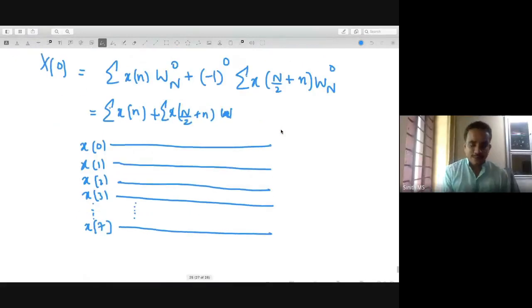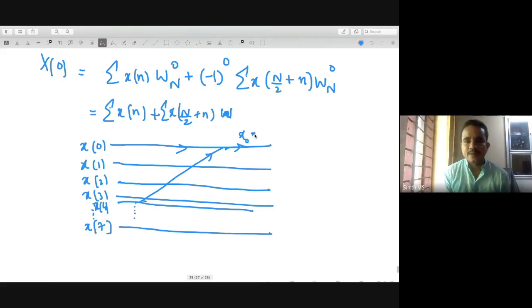So if you complete this, you have x0, x1 in order here, and suppose this is x4. From here you will have a term just multiplied with this, and that forms your x00.